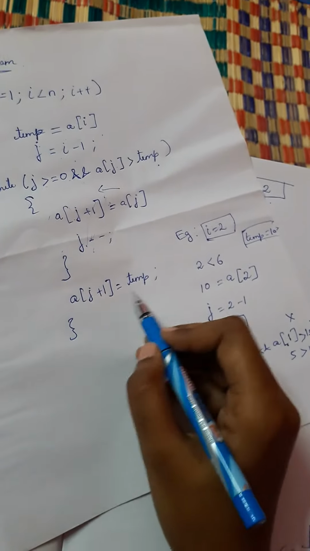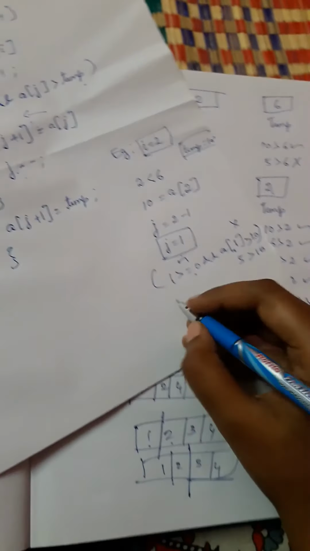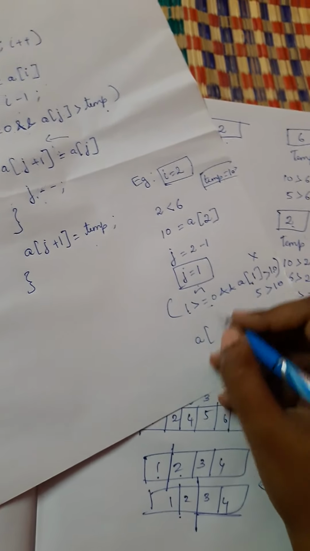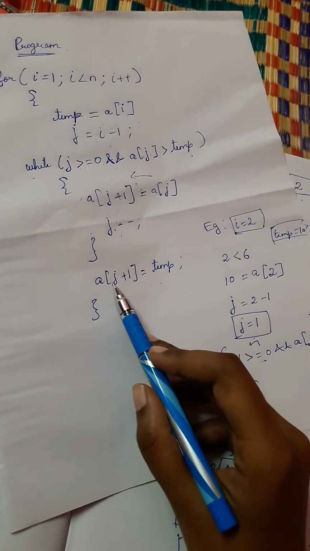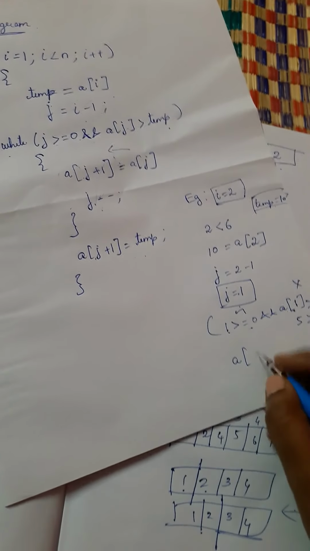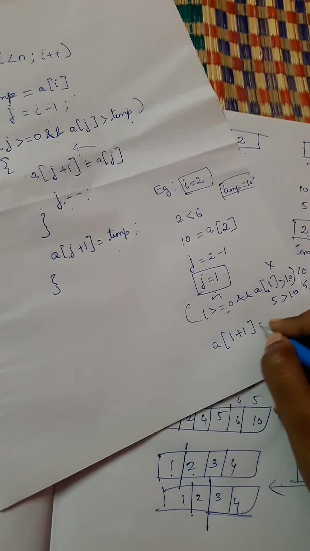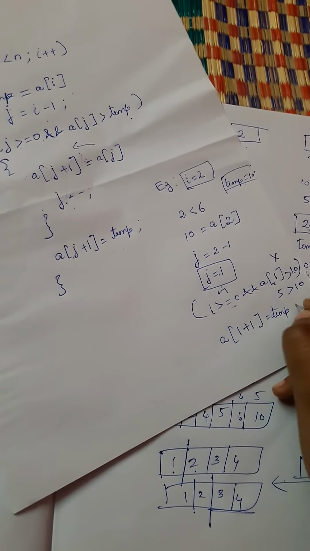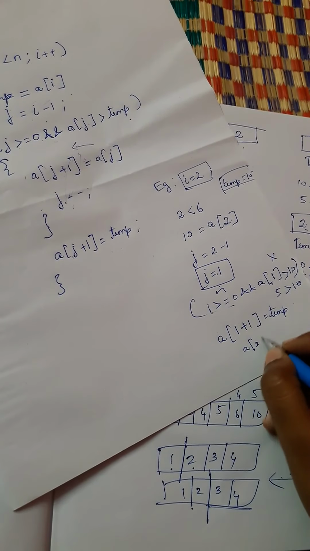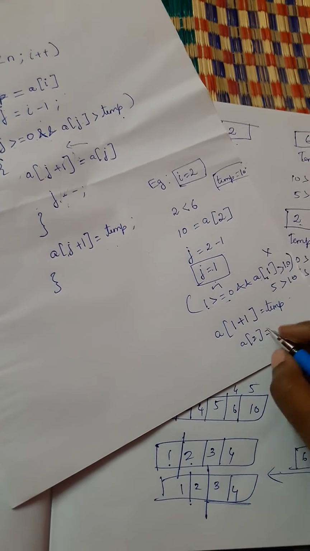So next I compare here: A of J plus 1. The J value is 1, so 1 plus 1 is A of 2, which is equal to temp, the value 10.